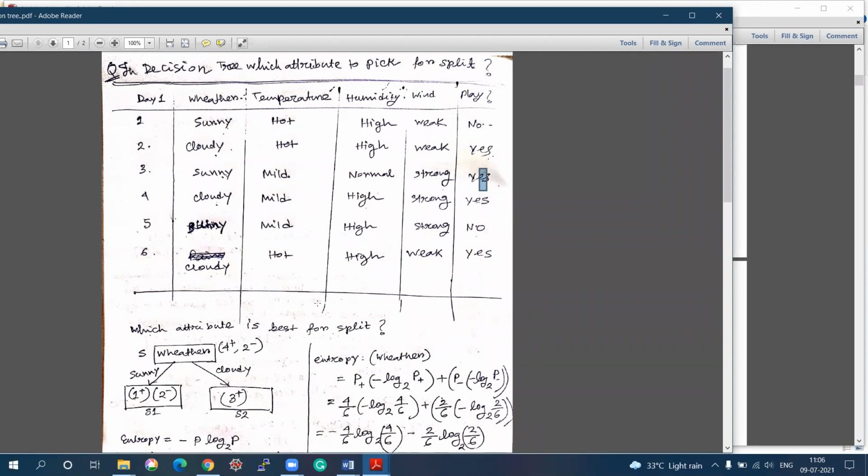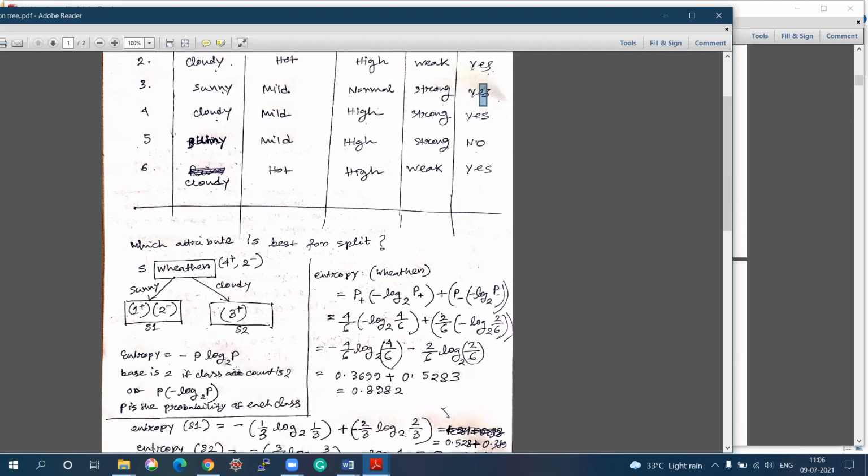Okay, so here it is a two-class problem, so no issue, we will take the base as 2. Minus p log p base 2, that is our entropy for each of the classes in each attribute split.